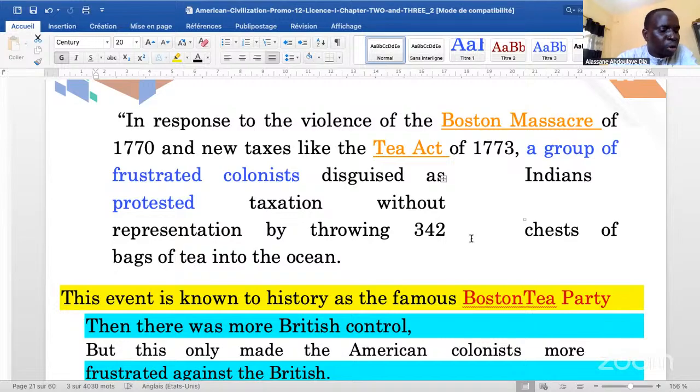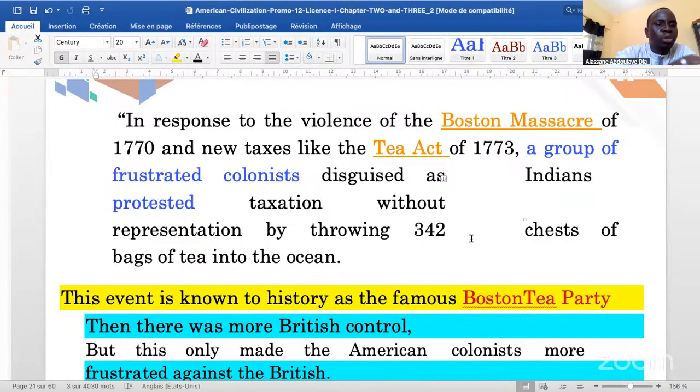So it means some protesters were massacred by the British Army. What is going to happen? A reaction, a response to the Boston Massacre. Because some protesters were massacred by the British Army, the colonies are going to respond, to react against it.